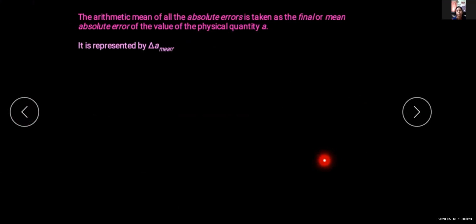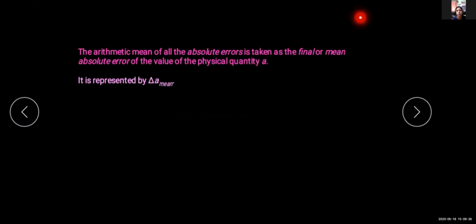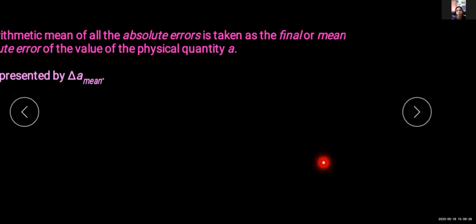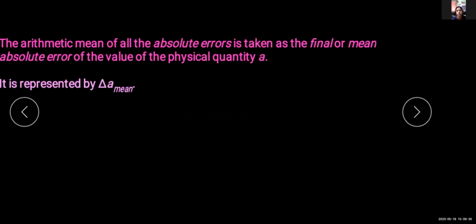So the arithmetic mean of all the absolute errors is taken as the final or mean absolute error of the value of the physical quantity. This is represented by delta A mean.